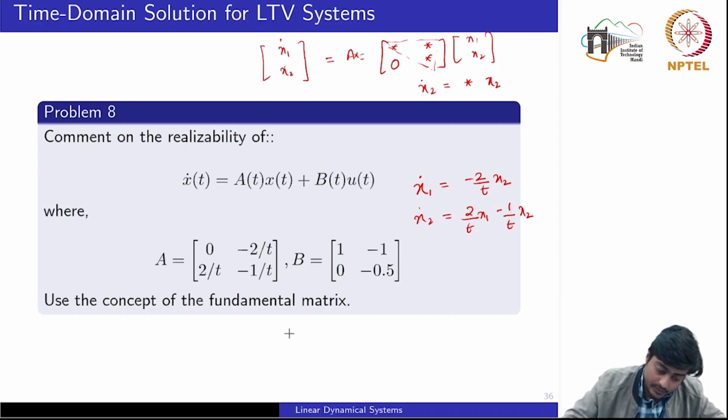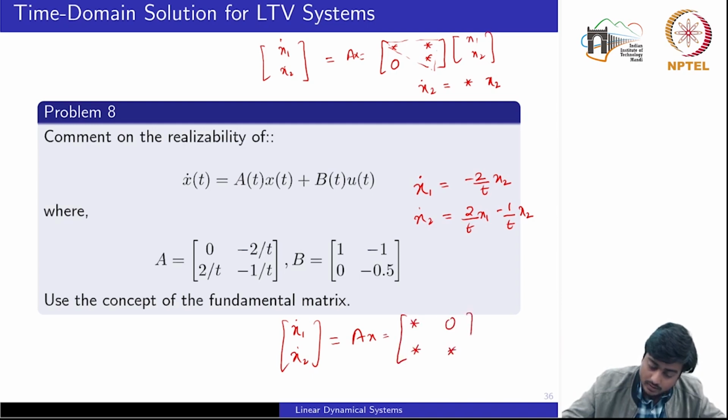If we want the x1 state to be computed separately, we should have another upper triangular form, which should have some non-zero element, and this should be 0, and this could be a non-zero element. Okay, so if I write the first equation, I would have x1 dot equal to some non-zero function of time into x1.